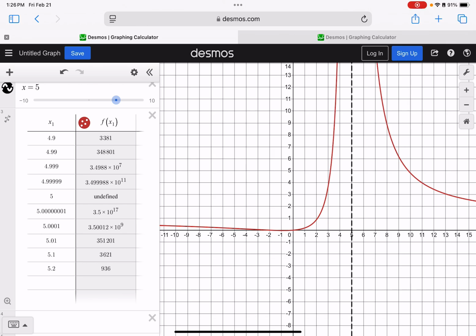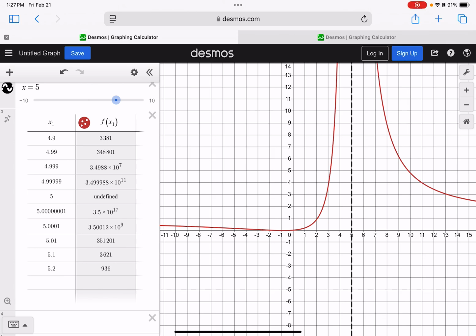So even though it doesn't say infinity, because I can see these really large numbers on either side of x being 5, that is the table evidence that I would cite for making the inference of this function having a vertical asymptote if I didn't have the function to actually convince somebody of. We would just say, well, from the table, from the left of x being 5 and from the right, the outputs are approaching infinitely large numbers.